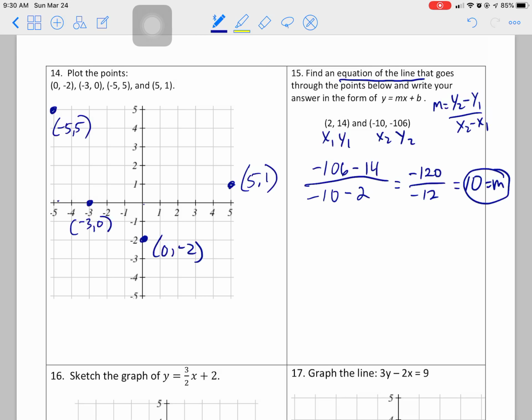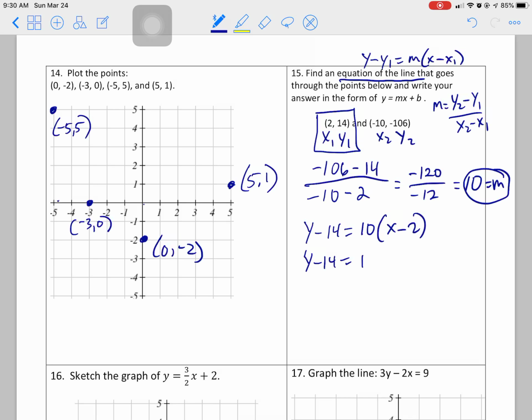I'm going to take one point and the slope and do the point slope thing. Y minus y1 equals m times x minus x1. Got to know that. So y minus y1 is 14. My slope is 10. X minus 2. All right, so y minus 14 equals 10x minus 20.